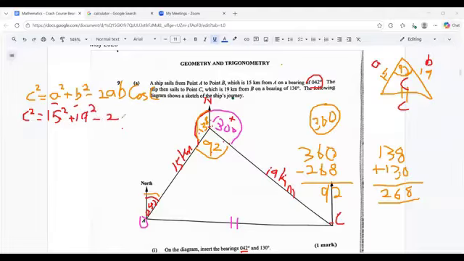Minus 2 multiplied by the same a, 15 again, b is 19. Cos C is, well, C is 92 degrees, right? Okay, I need to put a line here so we don't get too confused, okay?